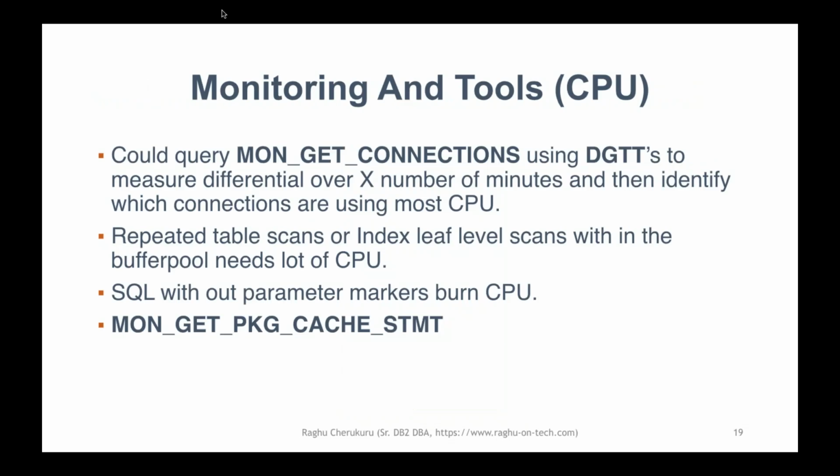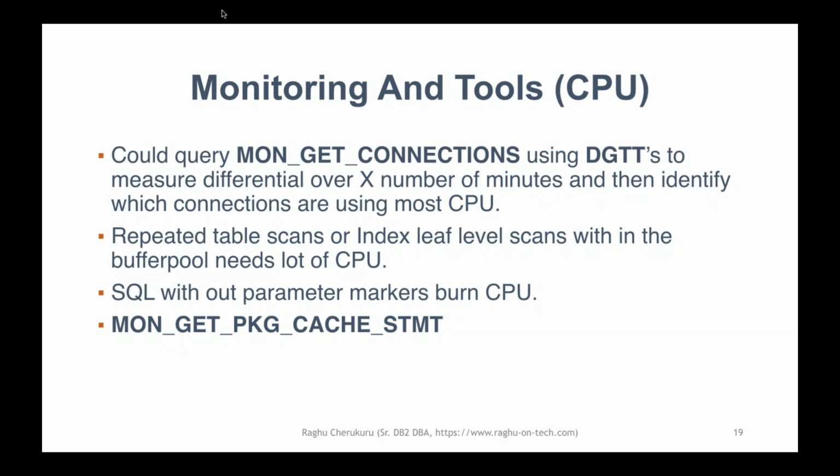For CPU-wise, mon-get connections is one of the table functions that has the CPU information at the connection level. You can declare global temporary tables and then get a differential over X minutes of time and see which connections are consuming the most CPU on your environment.